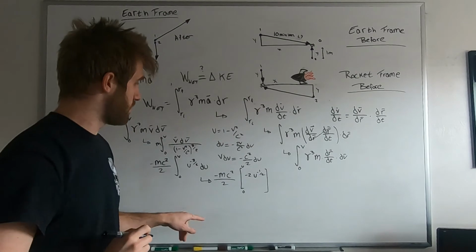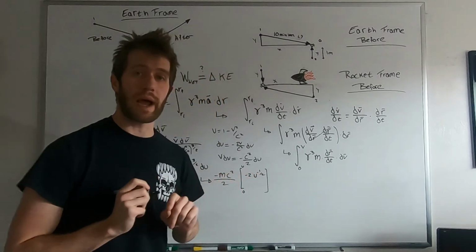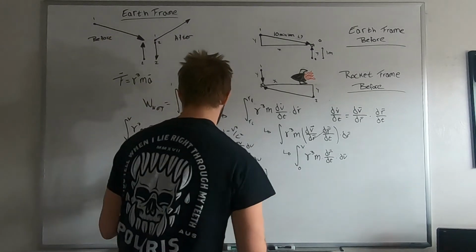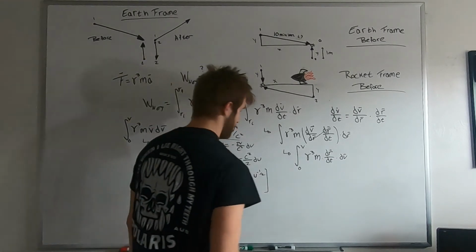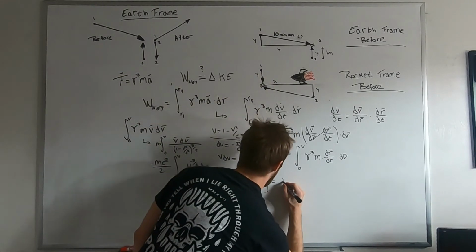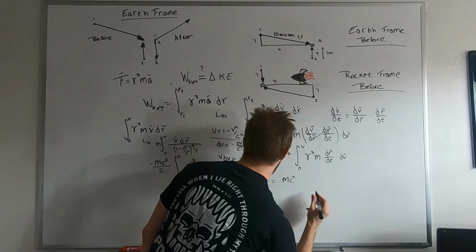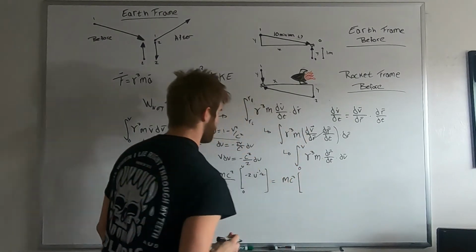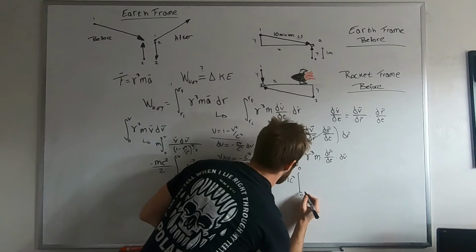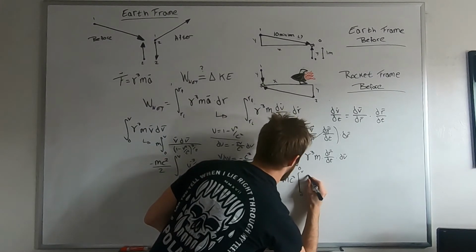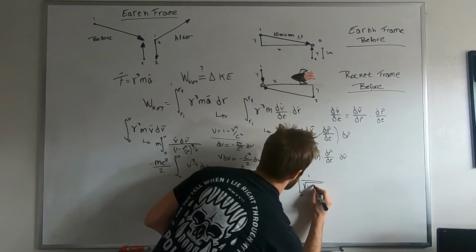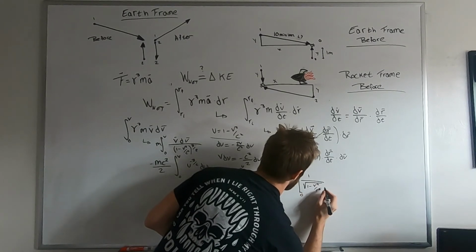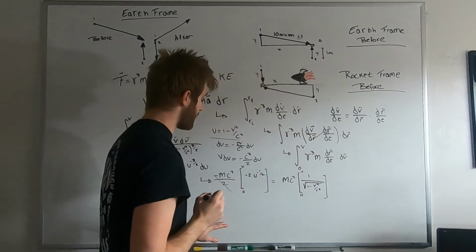All right, so now we can substitute our u in, which was obviously this, and we can bring that out and cancel these two. So we're going to have mc squared, where we now have from 0 to v of 1 over the square root of 1 minus v squared over c squared. All right, great.